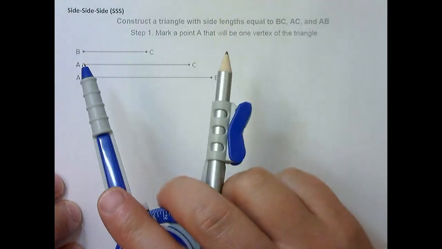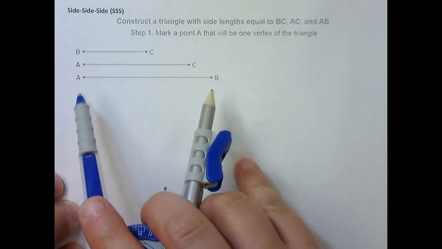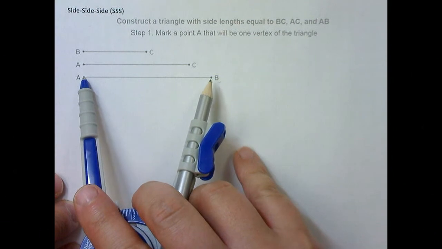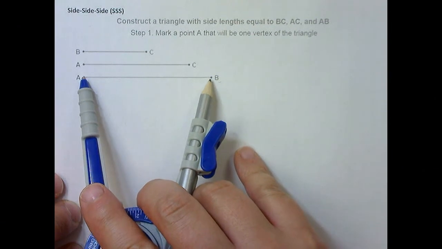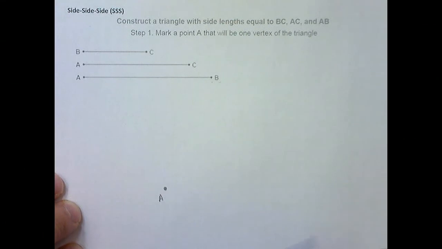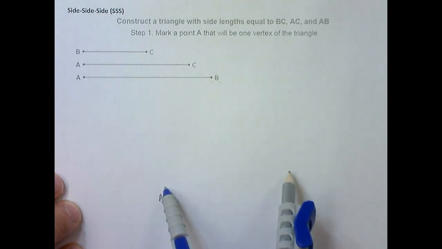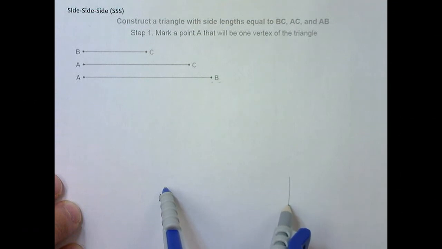So what you need to do is set your compass so that your compass point and your pencil line up perfectly with A and B. And then you're going to put your compass point on A and give a little swoop. Okay?